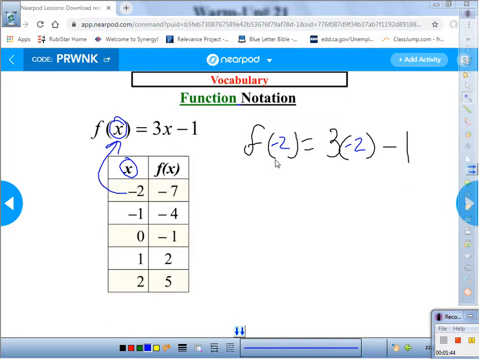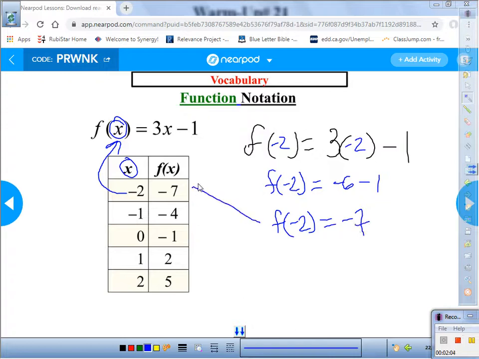Just to indicate what number you're working on. So what number am I working on right now? -2, so f of -2. So what is 3 times -2? -6 minus 1. So f of -2 equals -7, and that's how we get this. We leave it as that because it's a function of the x values. All right?